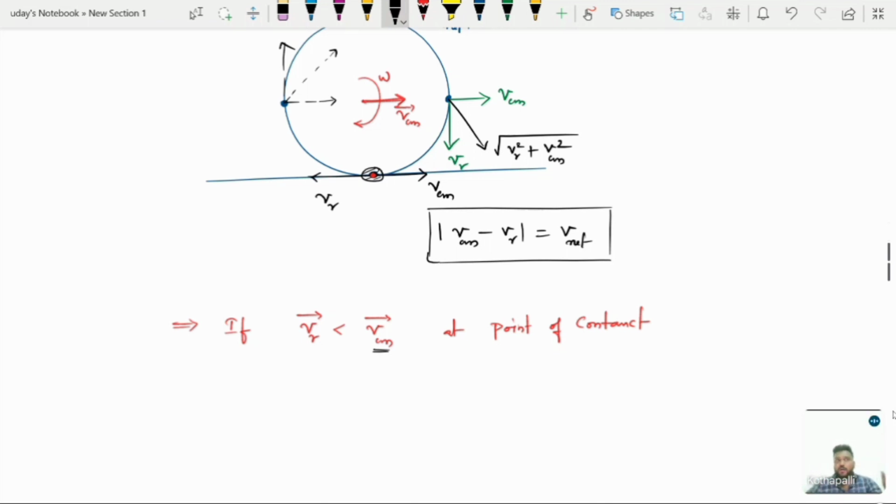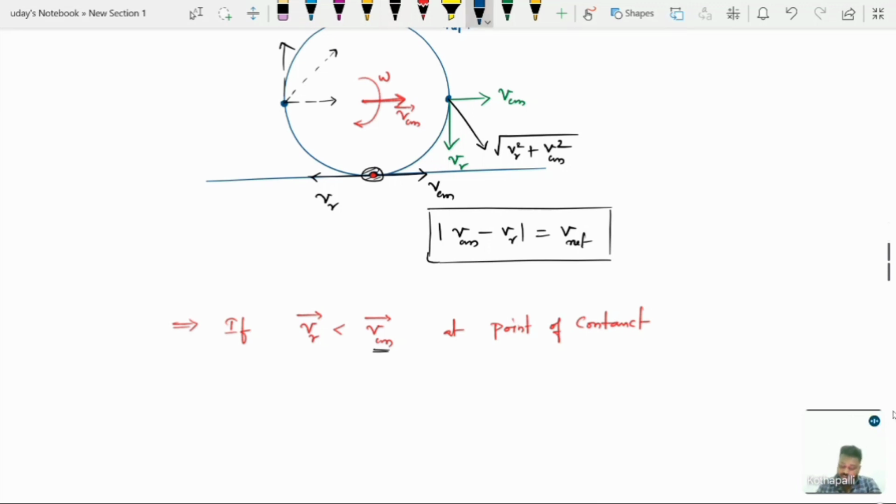That's what we call rolling with slipping. If it has the condition to slip in the forward direction, we call it rolling with forward slipping. If it has the chance of slipping in the backward direction, we call it rolling with backward slipping.